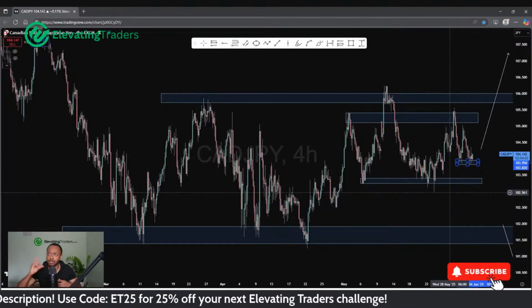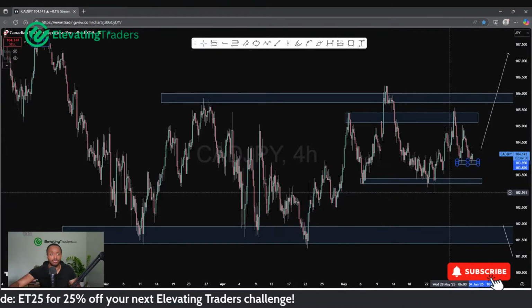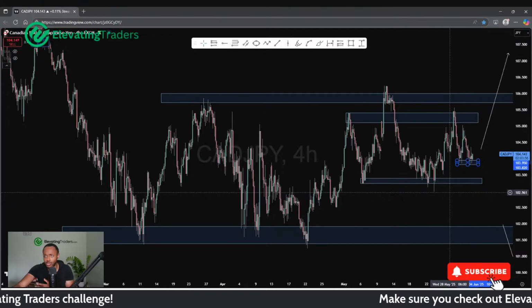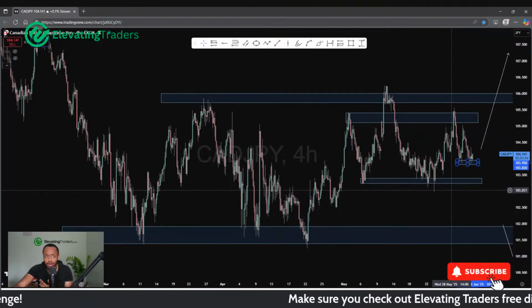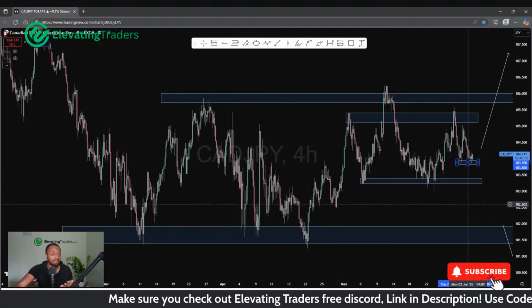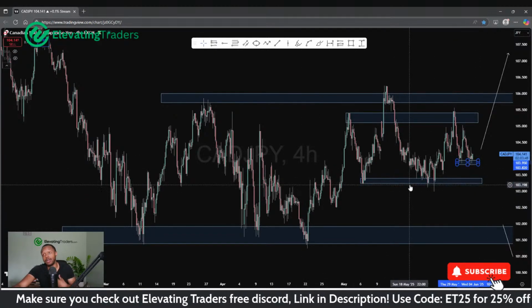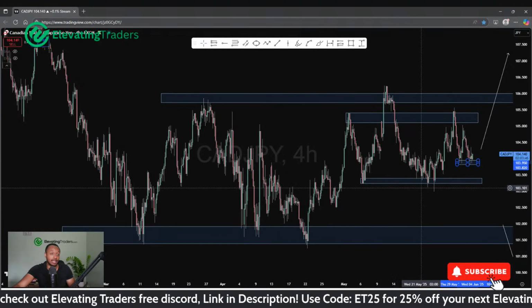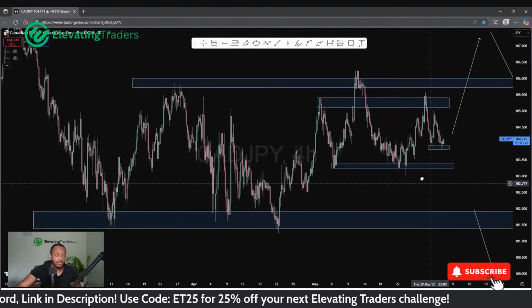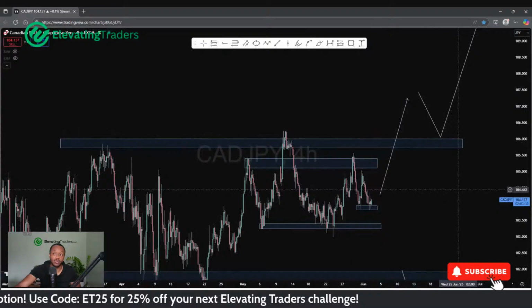Again, setups are important, but the conditions of a market are very important as well, especially if you have a strategy or an edge that performs well in trending markets. Well, don't trade in choppy markets. This is choppy. I know I focus on trending markets. That's where I want to be operating. This is not trending anymore. If it does break the low or break the high, perhaps we will have a trend at that point.